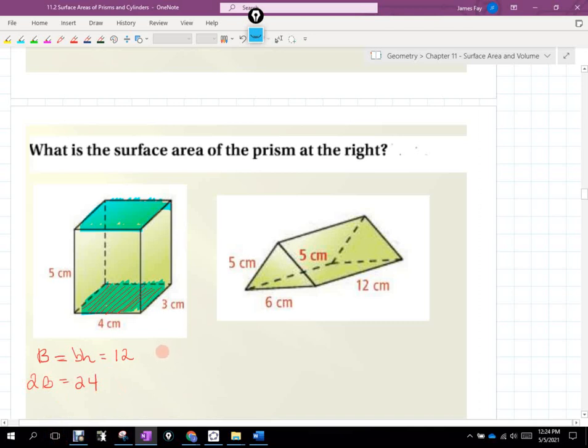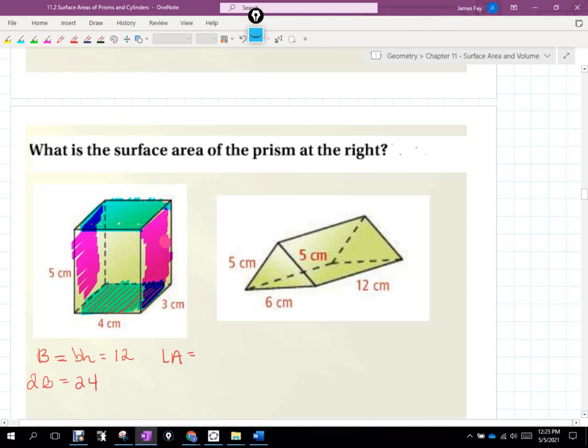Now let's find lateral area. Lateral area is going to be all of these other rectangles. So that rectangle there plus this one here. What do you know about those two that are purple? They're the same. Are they 3 by 5, right?